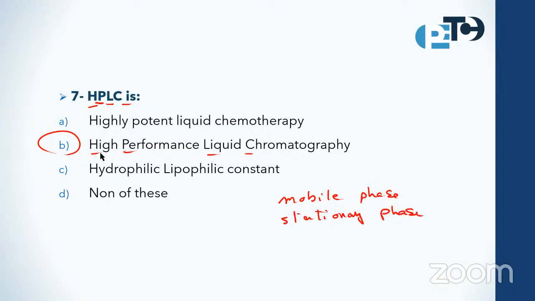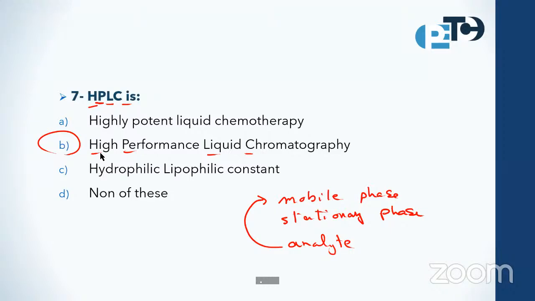Okay. And the analyte. The analyte is the substance that you want to analyze. The analyte moves with the mobile phase through the stationary phase. The main idea here is that the stationary phase has the ability to adsorb or stop the motility of the analyte at a certain point.